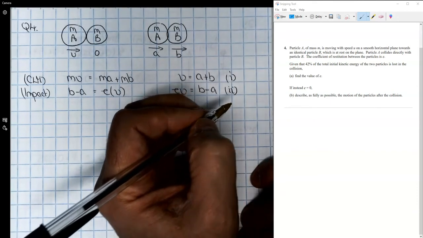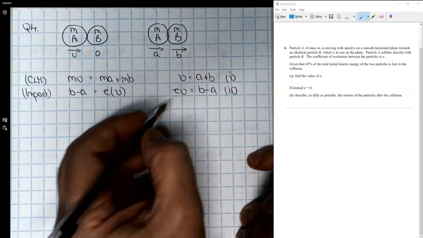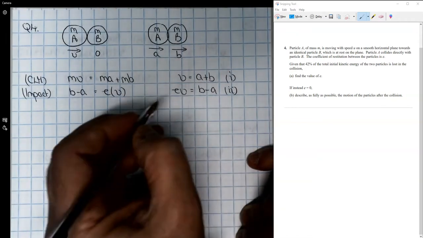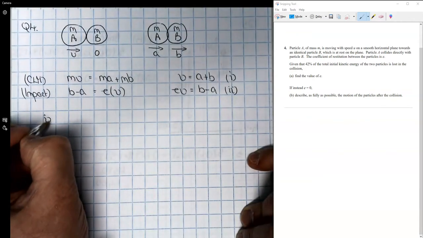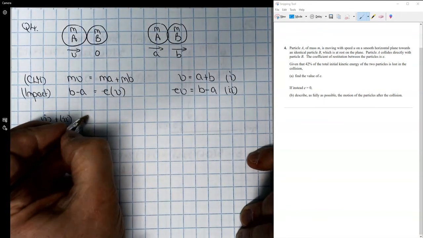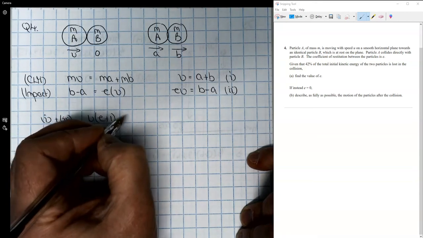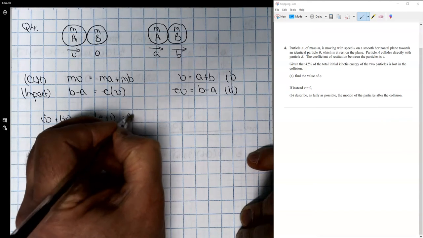Now I want to find what a and b are, so I'm going to add them to get b, sorry. So 1 add 2 gives me u times (e plus 1) equals 2b.